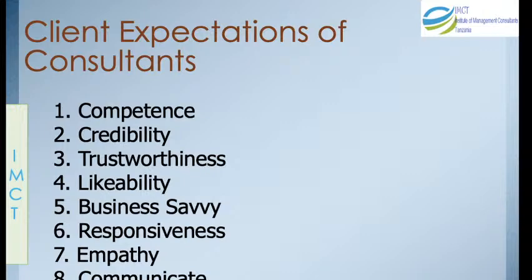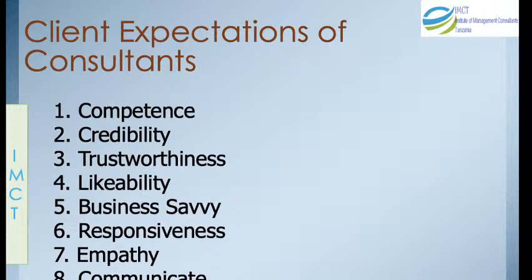Number two, you should have credibility. Credibility is the way you can promise and do what you promise, but also a good track record that comes from credibility. That's why, in any consulting, try your best to make sure that you leave a mark.